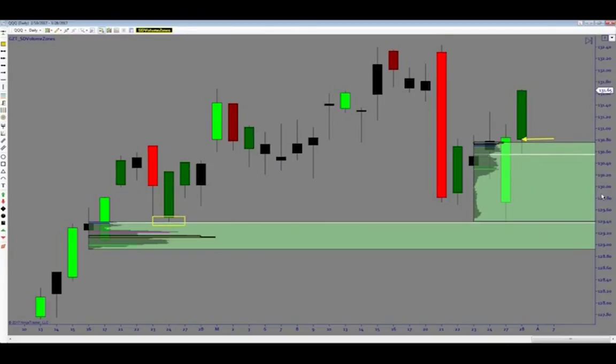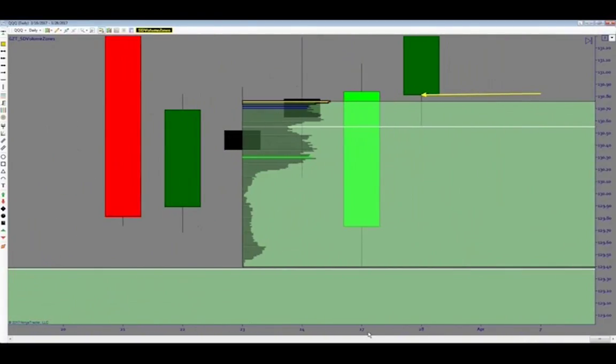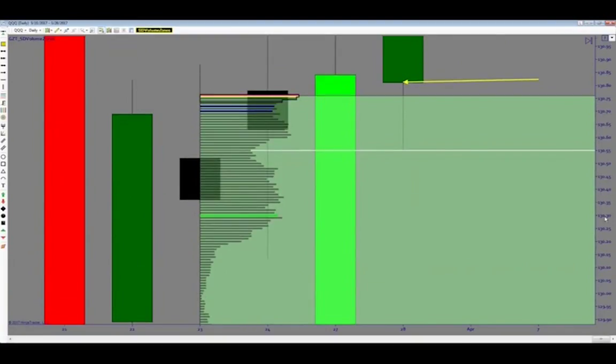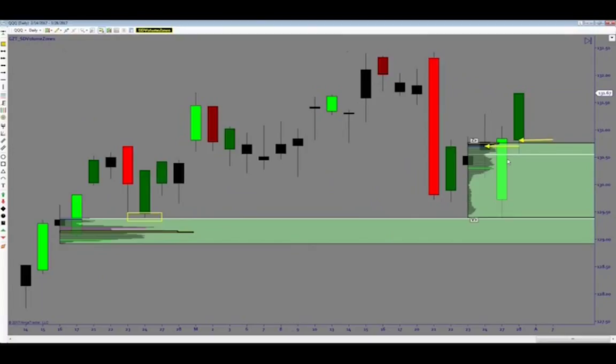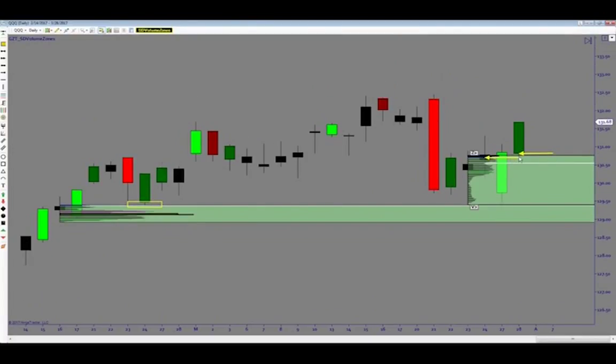You see that? Where did it stop? This is important. Where did it stop? Low volume. If you're an investor or an options trader, that's how you plan your execution.